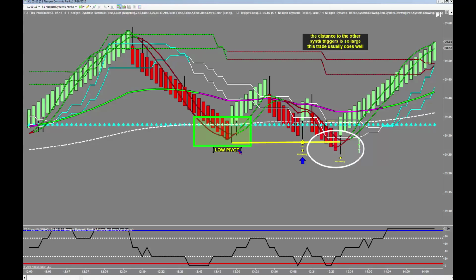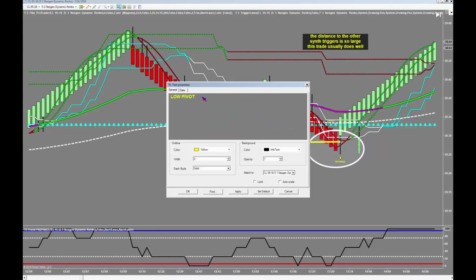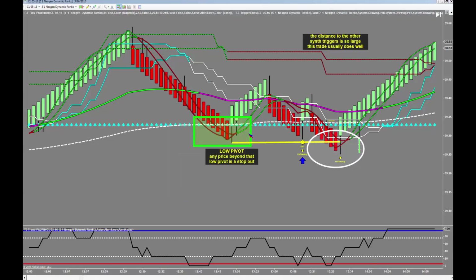Any price beyond that low pivot is a stop out of that pivot. So we got close, but then we actually stopped out that low by a few ticks and made a quick reversal to the upside. That's what we're looking for.